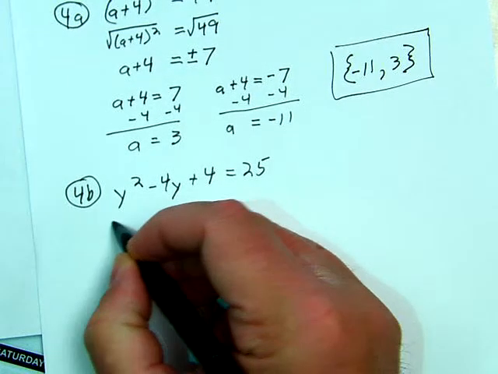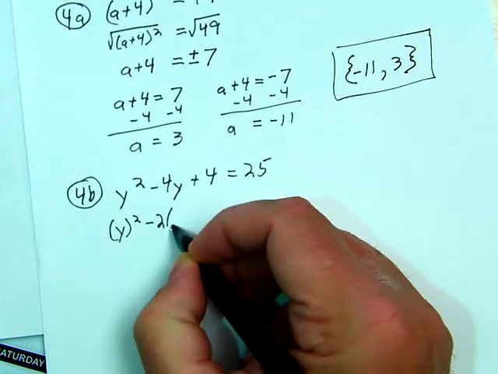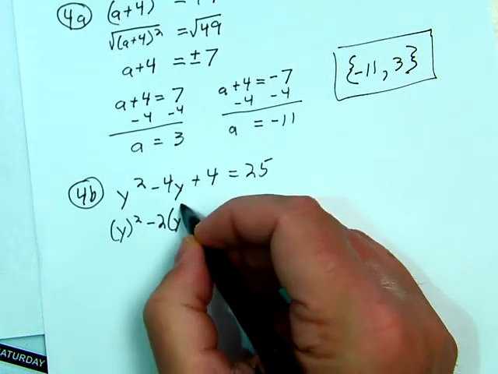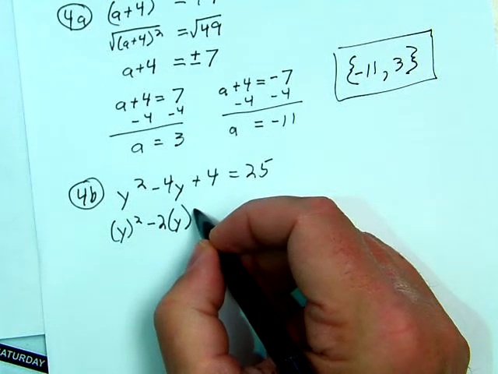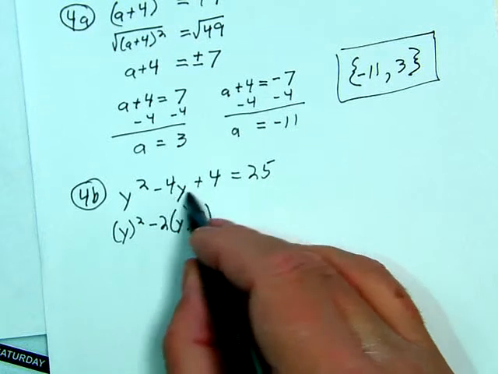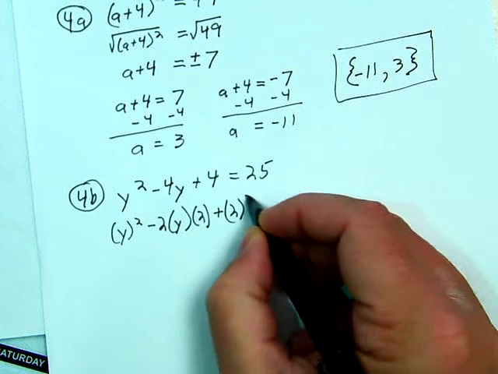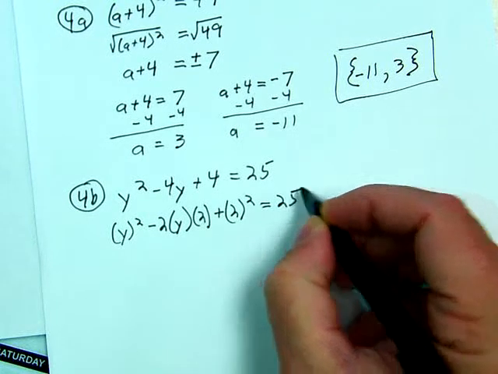So I can say y squared minus 2 times the square root of the first term, y, times the square root of the second term, 2. Notice that 2 times 2 times y equals 4y, plus 2 squared, equals 25.